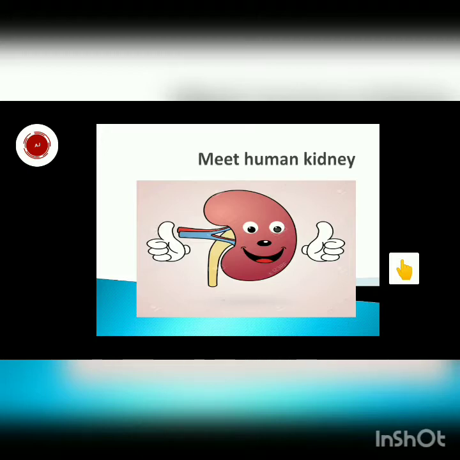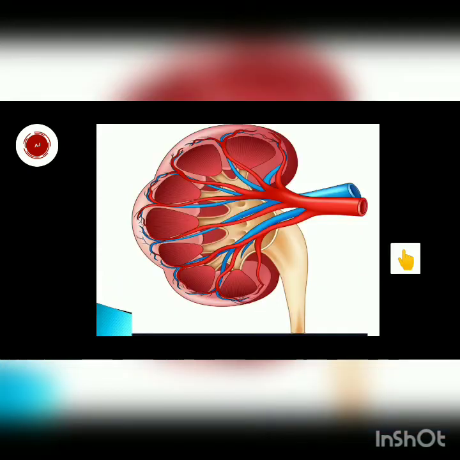You might be curious that my function is to filter blood. So where are the filters? Inside me there are several filters. I am just unfolding this mystery, where the filters are and how they work. Before that, you see me from inside. This is my inner structure. You can find this red one, this is the artery.